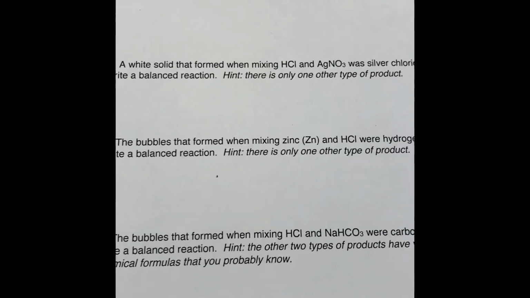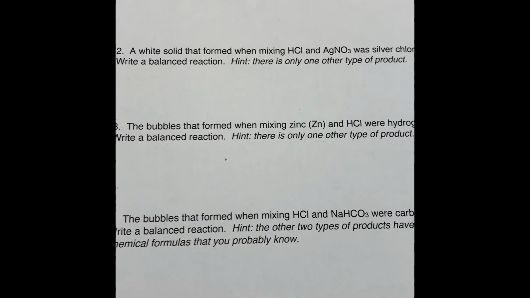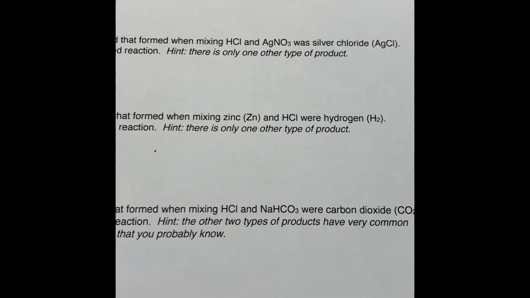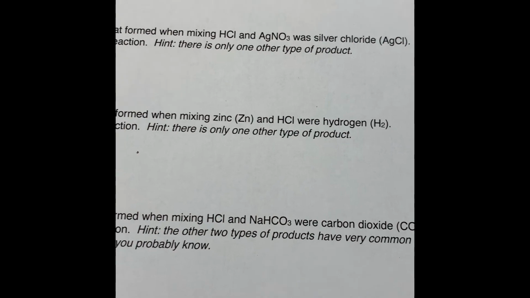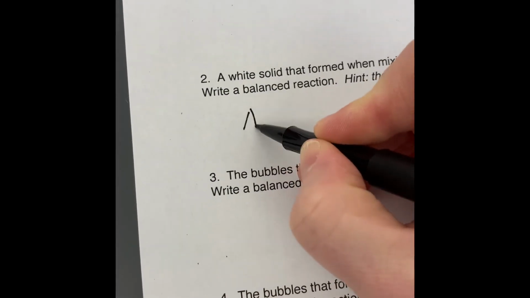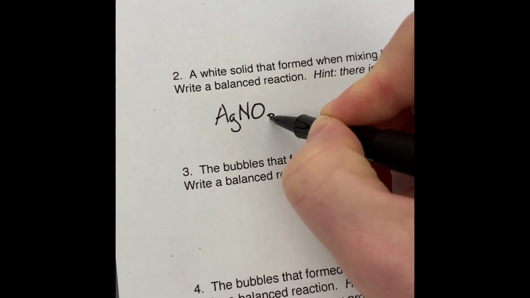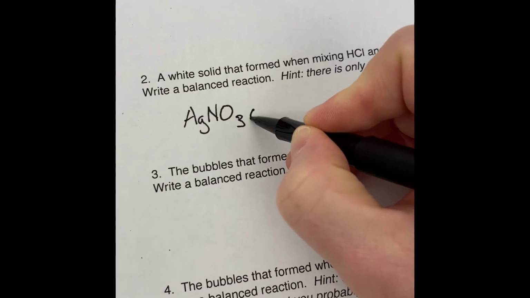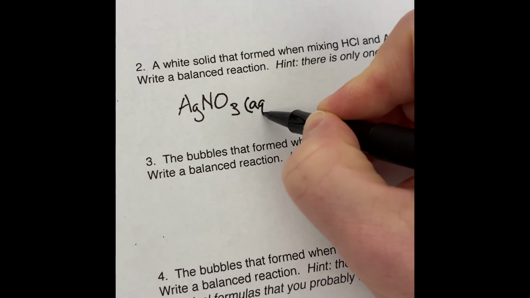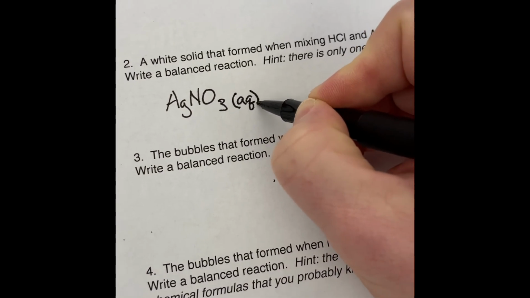So in number 2, it says you mixed HCl and AgNO3, and you formed a solid called AgCl. So let's write that out. I'm going to specify that this is aqueous. That's the phase that it's in.